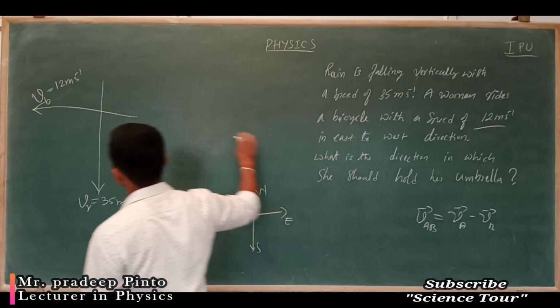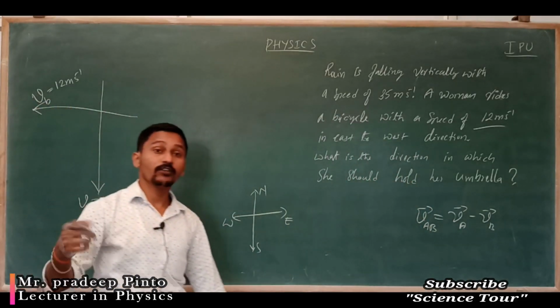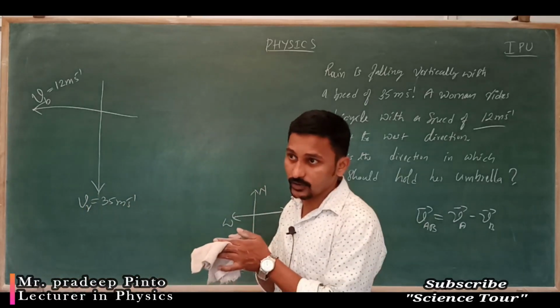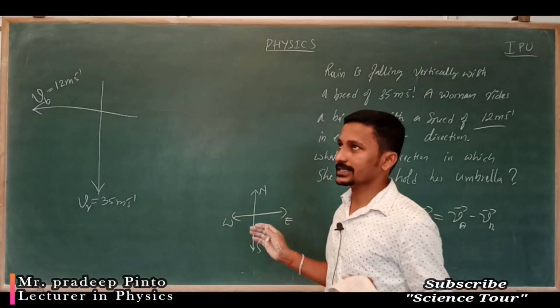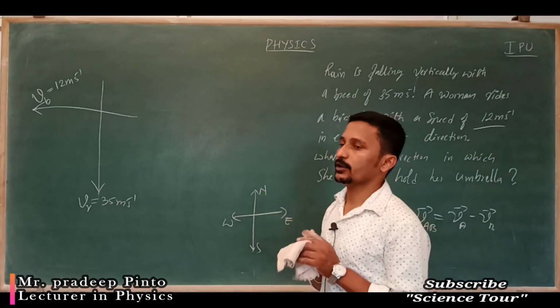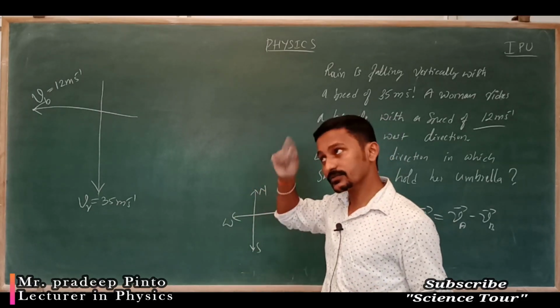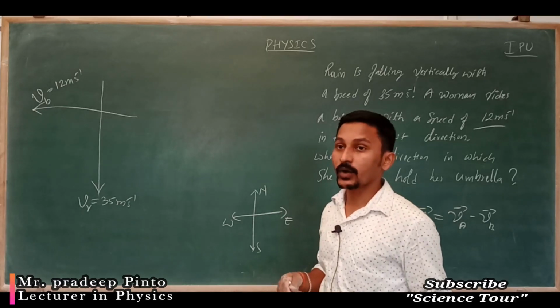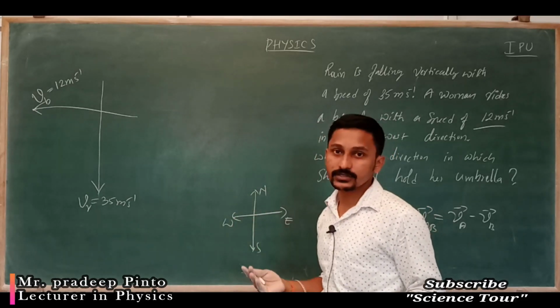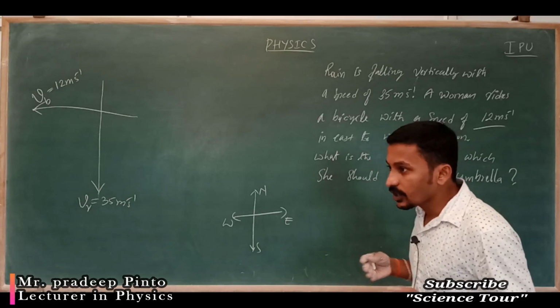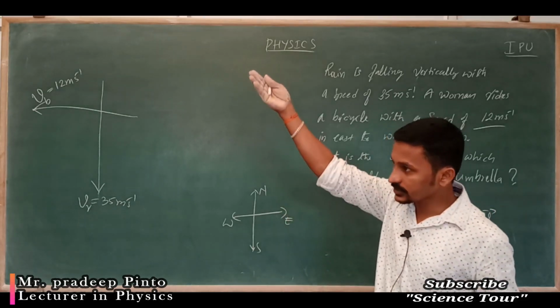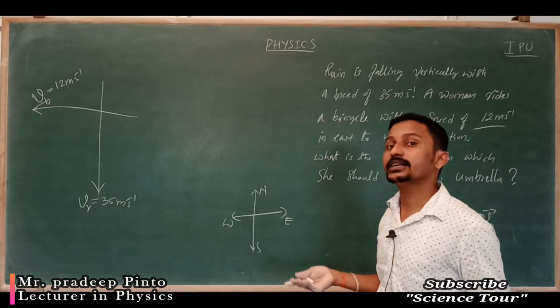So she is moving, and right in the direction of rain she has to hold the umbrella, no? But if I am standing, the rain will be falling in this way. See, in a vehicle, if you are moving, actually the rain is falling downward only. But why do you feel that rain is hitting your face? Because of your velocity, that velocity becomes tangential to it, that is a relative velocity.